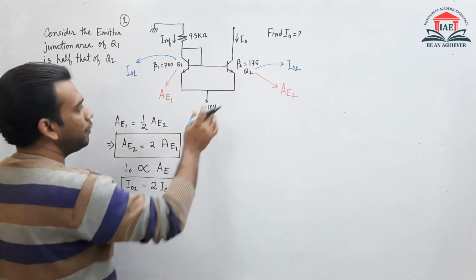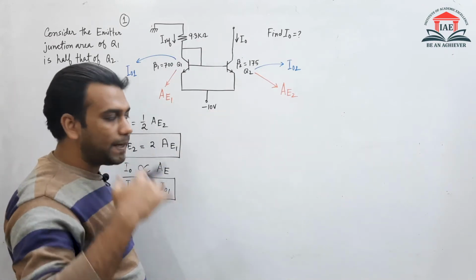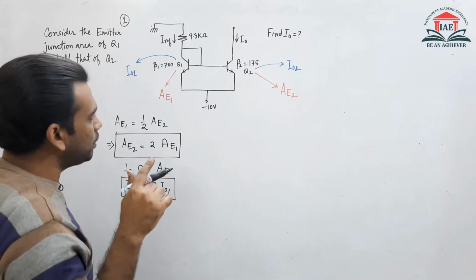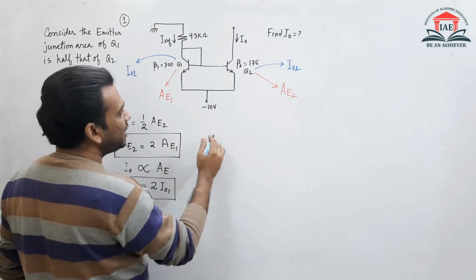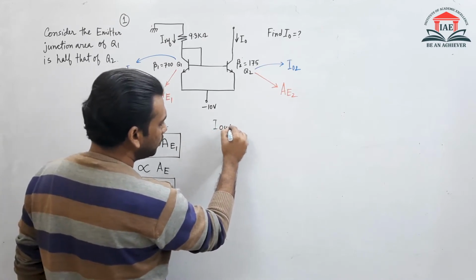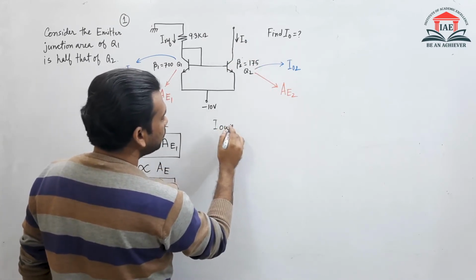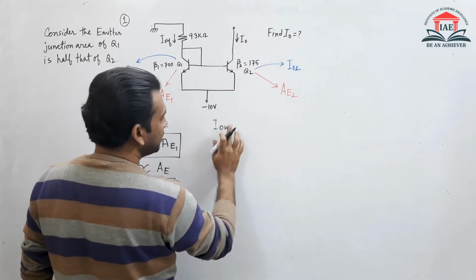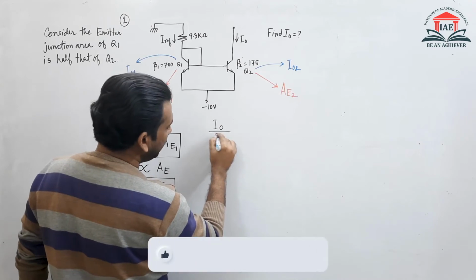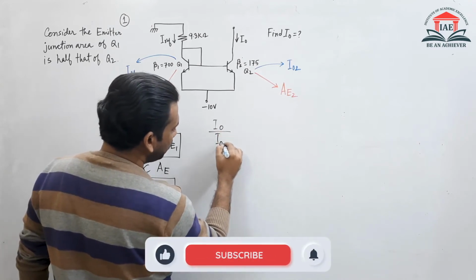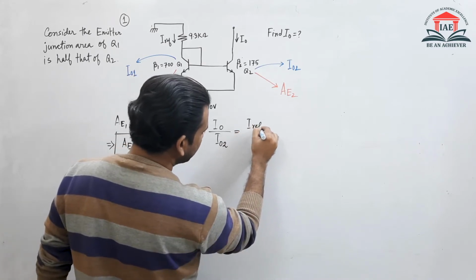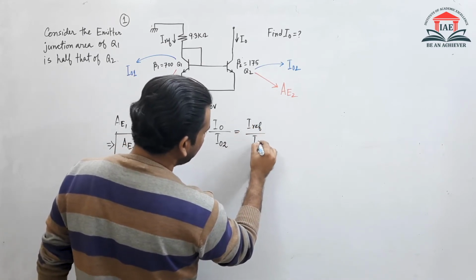Now, if you remember the current mirror circuit explanation we did in the previous videos, from there we can write the relation: I out, let us write it I0, divided by IO2 equals I reference divided by IO1.